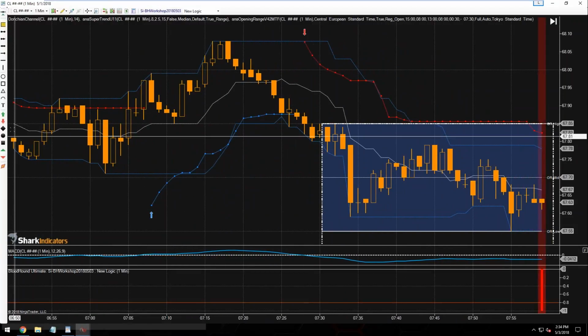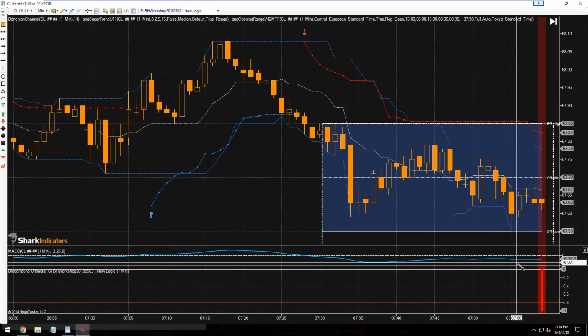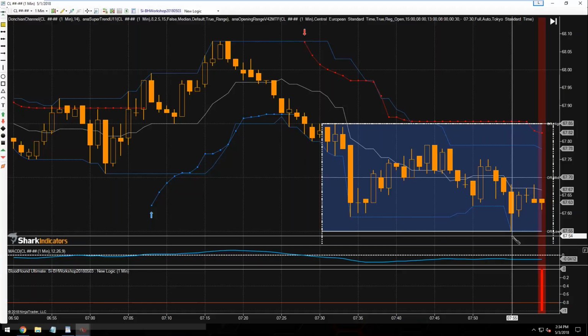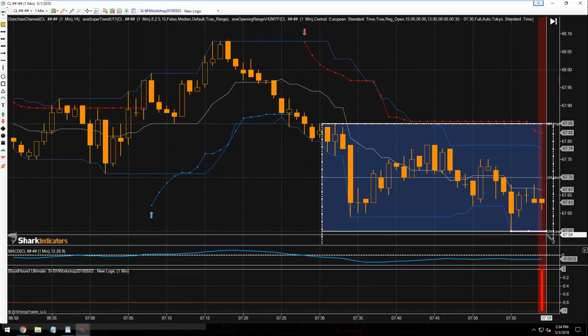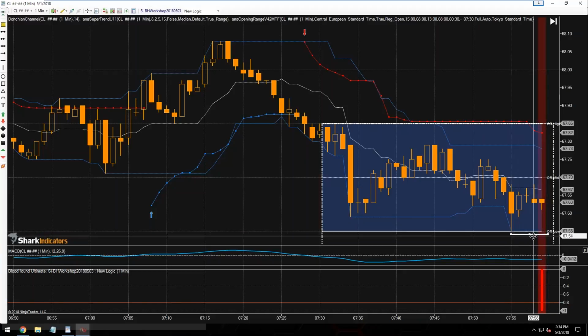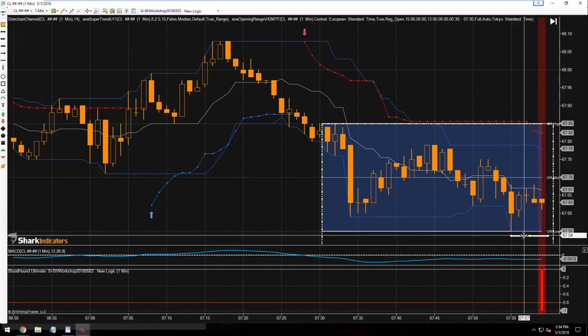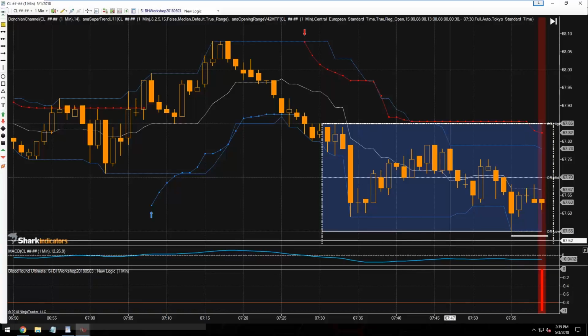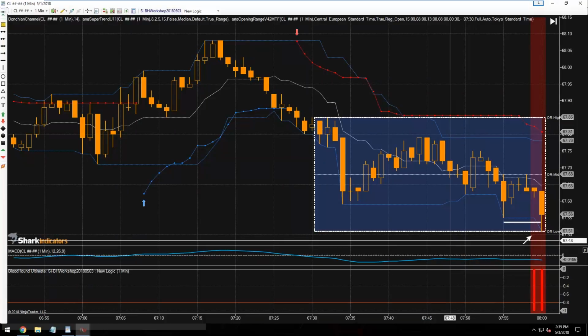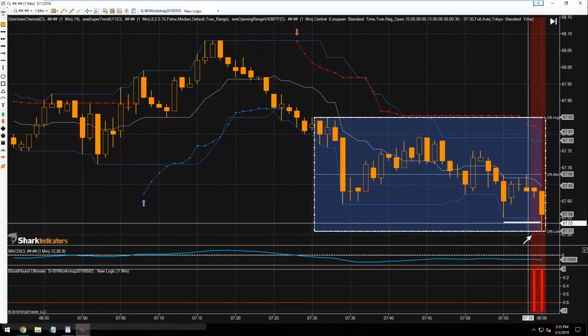Okay, so we have a range and a signal. So bingo, we'd have a short stop entry sitting a tick below that range. And then the next bar, boom.